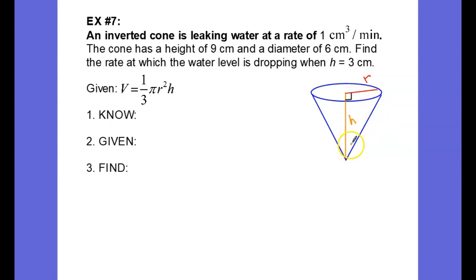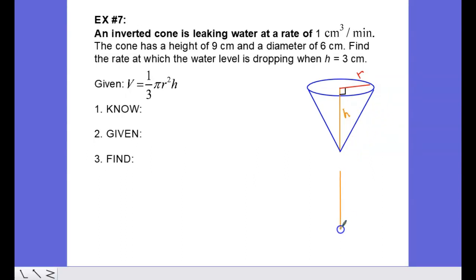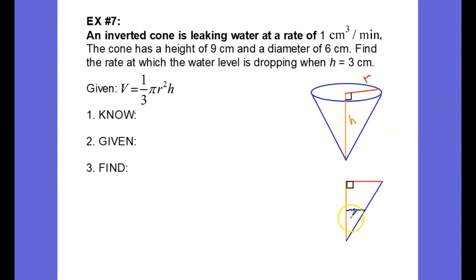So let's take our triangle and just remove it from the cone. If we look at this triangular cross-section, we can see that the radius of the water level and the height of the water level give us a similar triangle relationship. The cone has an overall height of 9 centimeters and an overall radius of 3 centimeters.